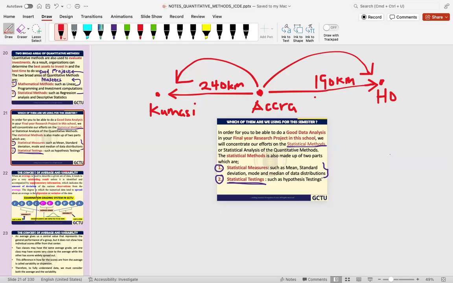So this is what you have done to help me. The center alone, Accra, was not enough for me to know where you are going. But what really helped me was the distance.